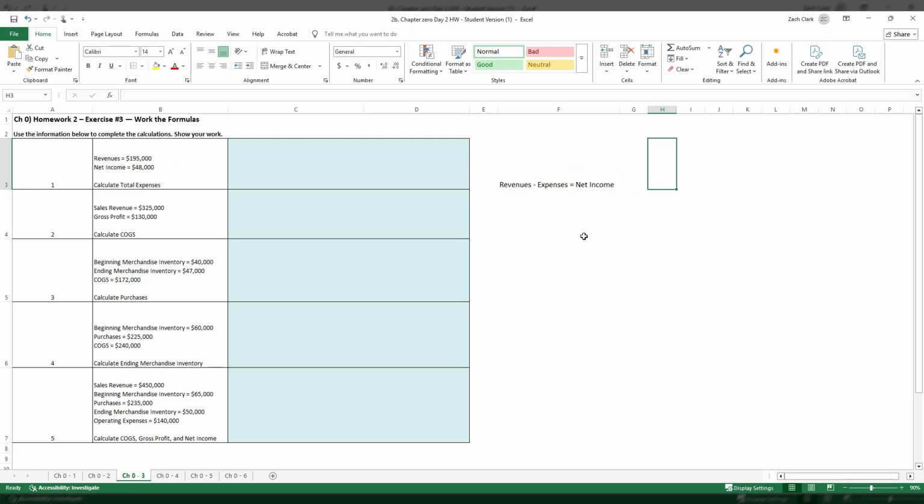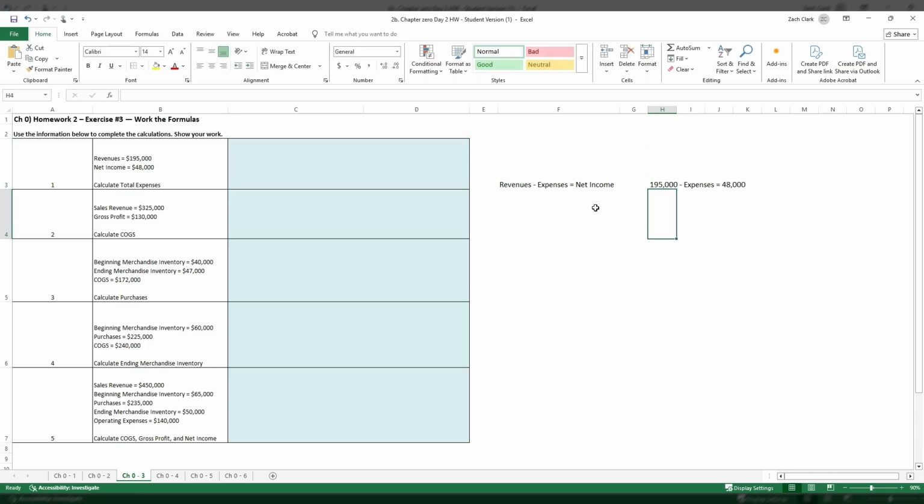We know revenues, so we could say 195,000 minus some answer. That's the answer we're trying to solve for. Let's just call it EX, now I'll spell it out. So 195,000 minus whatever the expenses are equals 48,000, right?